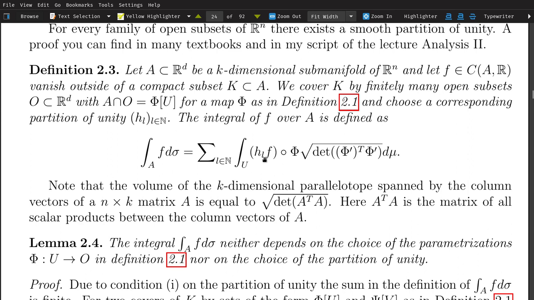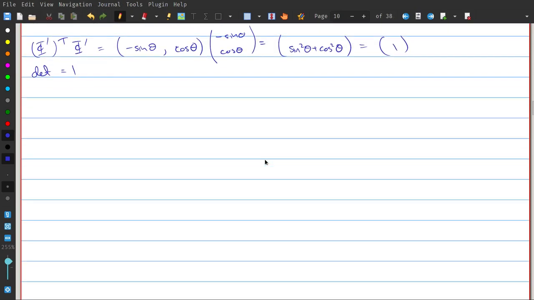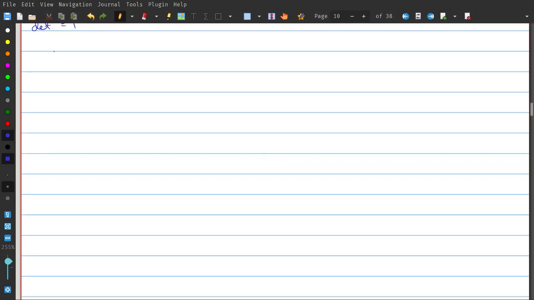what is this partition of unity thing here? What a partition of unity is, this is in definition 2.2, but let me just give the easy recap, or the short, maybe informal, definition.